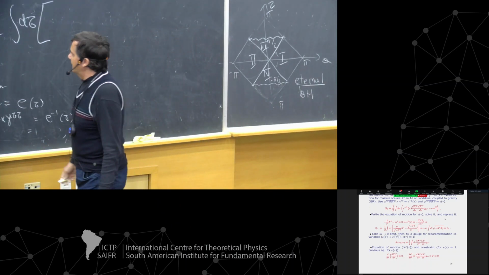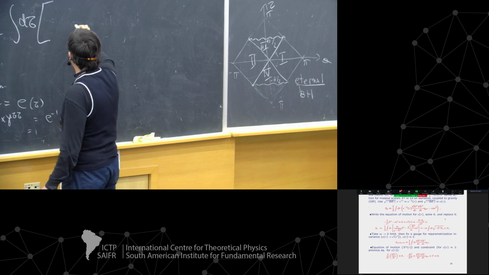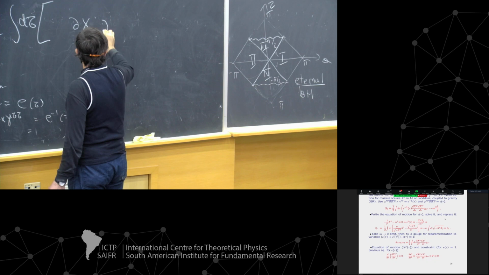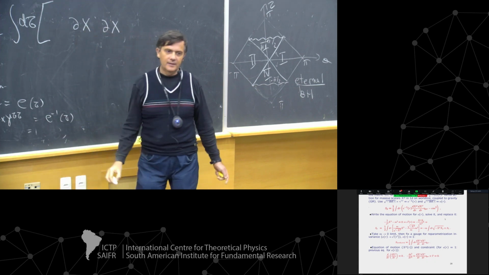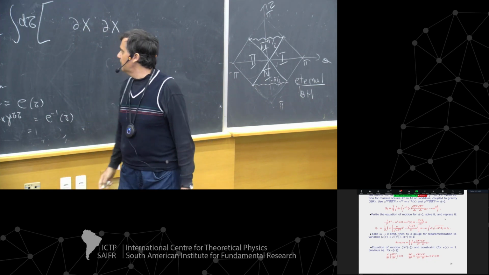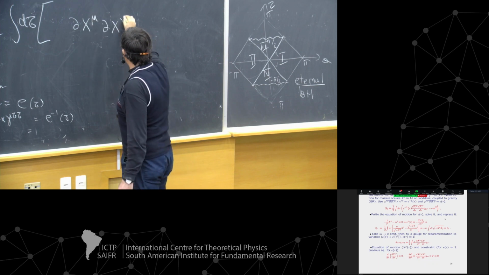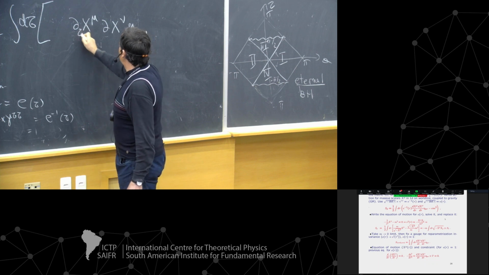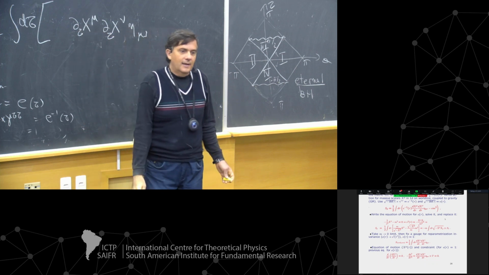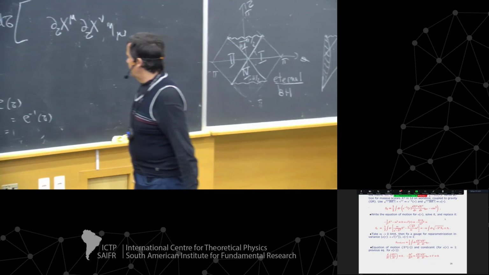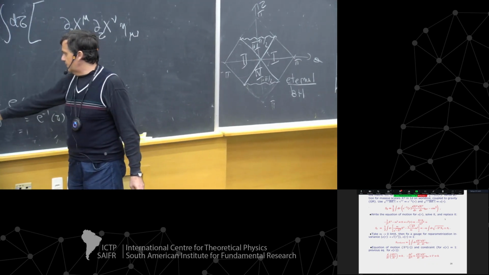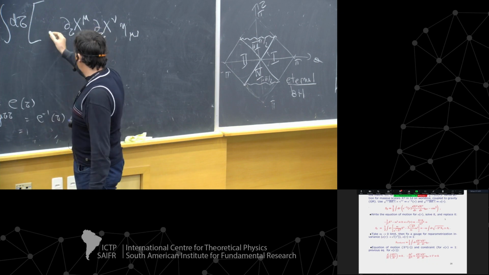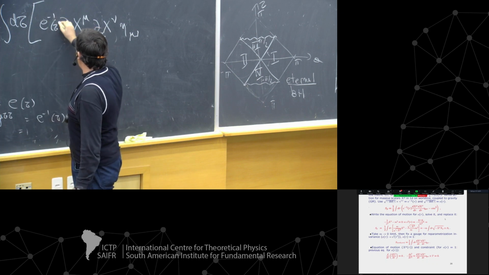So this is a scalar. And if I write an action for a scalar, it's 1/2, right? The derivative for the scalar, the derivative for the scalar, except the scalars are contracted with eta mu nu. And here I have only tau, I have nothing else. And then I would normally have the square root of the metric times the inverse metric. But this is just e minus 1 of tau now.